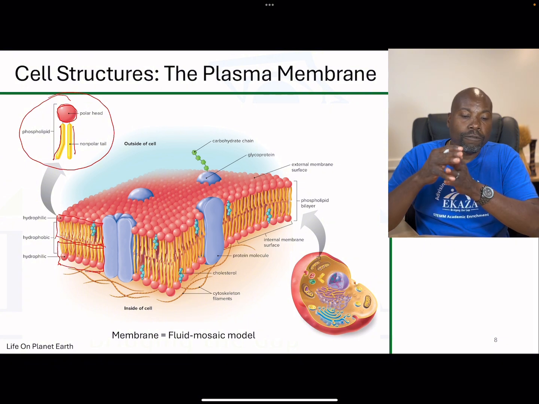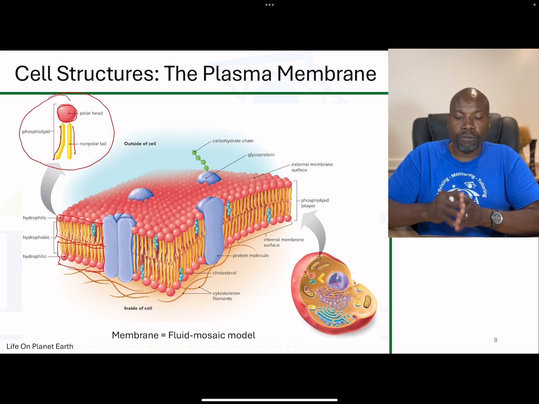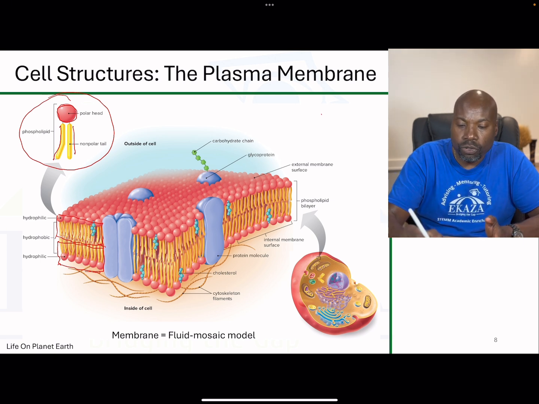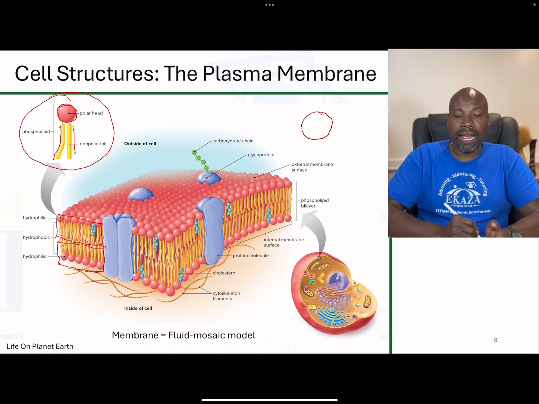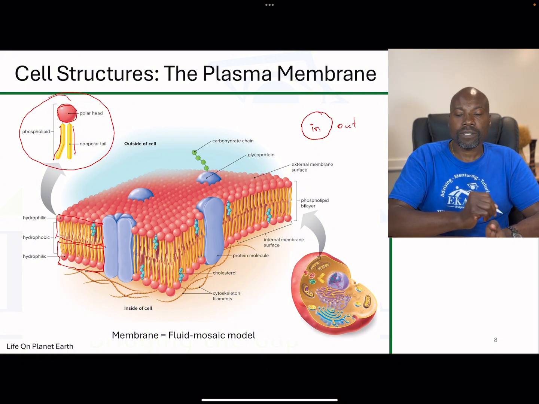Now, when phospholipids are present in large amount in a water-based environment, spontaneously, they are going to form structures that look like this, right? Setting the inside apart from the outside. All right?